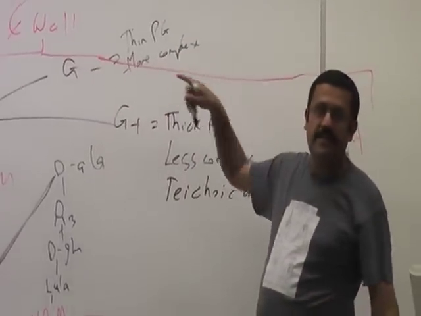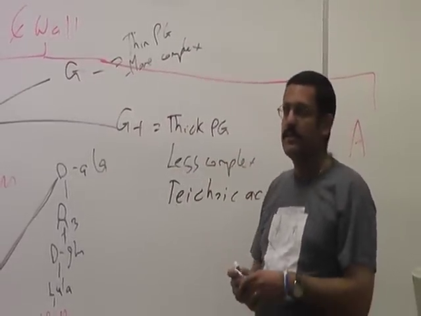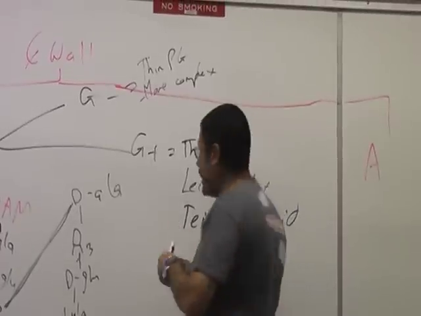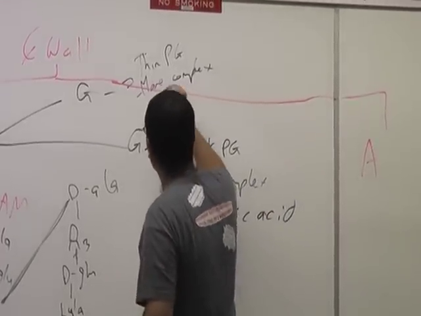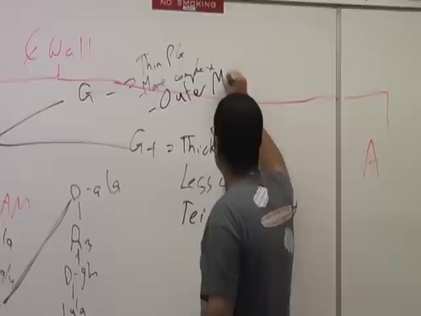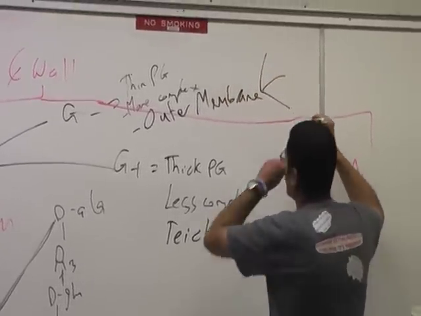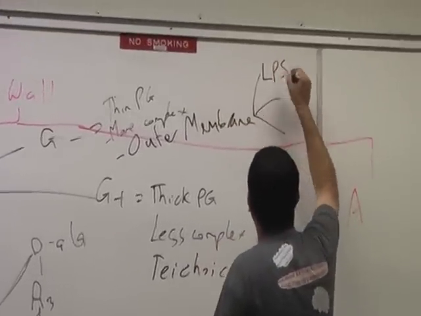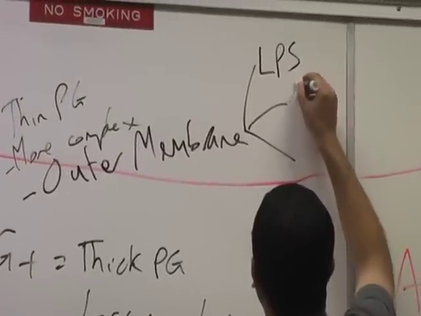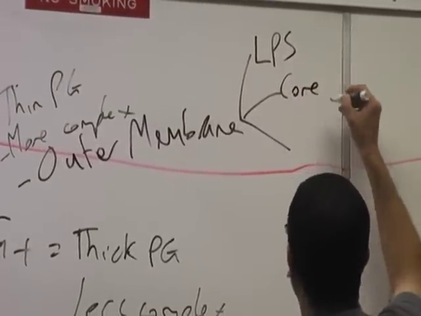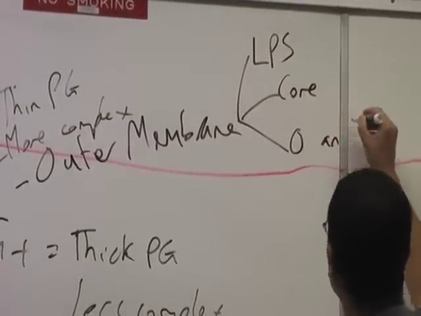What does the gram-negative have that this one doesn't? Well, before the LPS, it's actually the outer membrane, right? It has a big outer membrane that the gram-positive doesn't. And then you can break it down into its 3 components: lipopolysaccharide, core polysaccharide, and the O antigen.